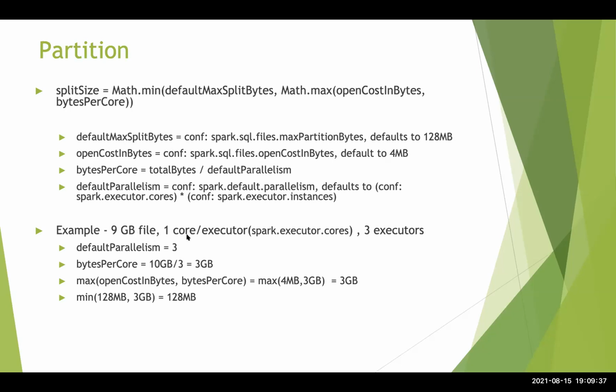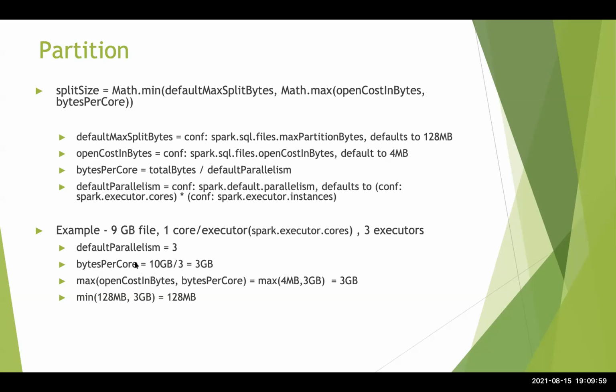So I have a 9 GB file, 1 core per executor and 3 executors. Default parallelism is executor cores multiplied by executor instances. The cores are 1 per executor with 3 executors, so default parallelism becomes 3. Bytes per core is total bytes divided by default parallelism. Total bytes here are 9 GB.